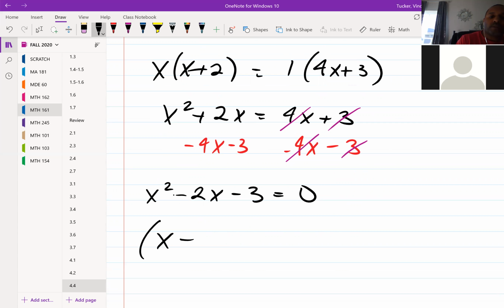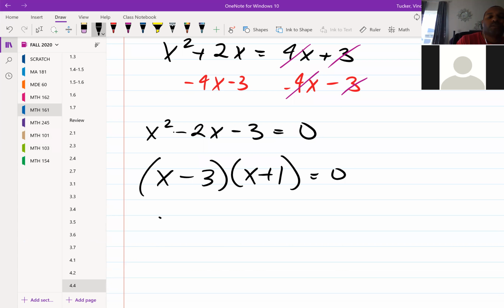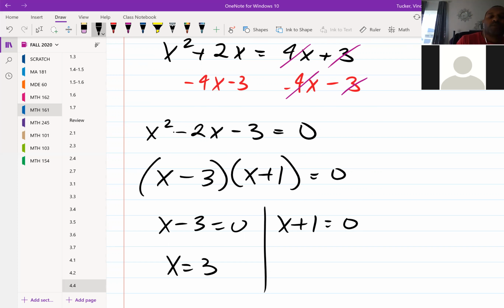Go ahead and factor. Or if you decide to use the quadratic formula, you can do that. Either way, you'll get the same solutions. X is equal to 3.